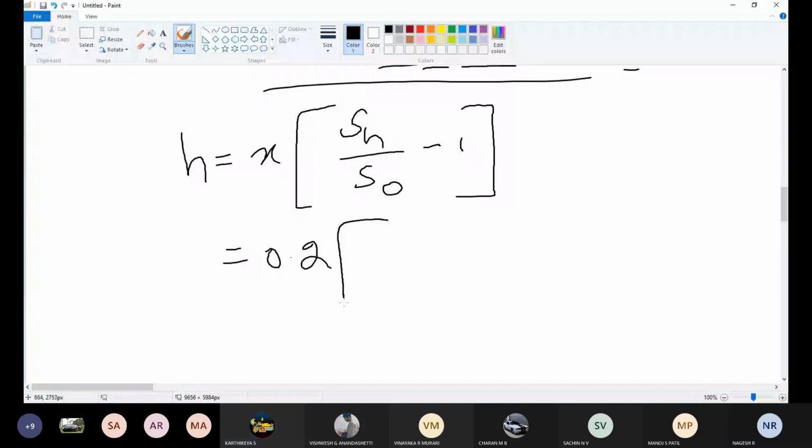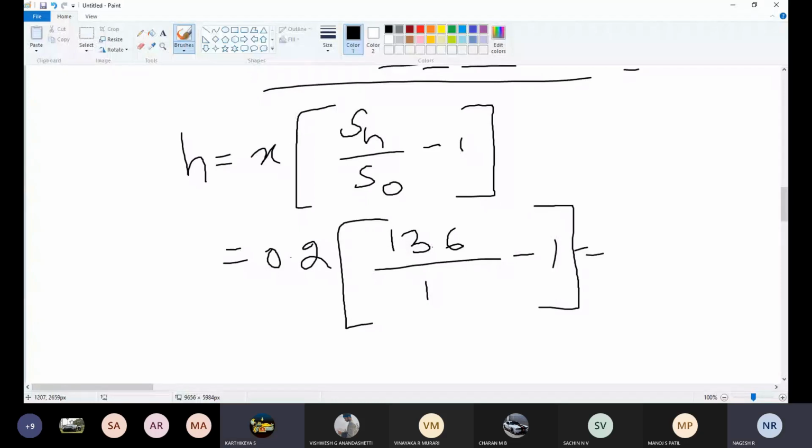SH is 13.6, divided by 1, minus 1. So H is 2.52 meter.